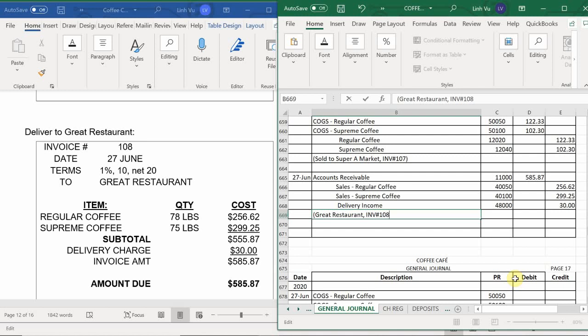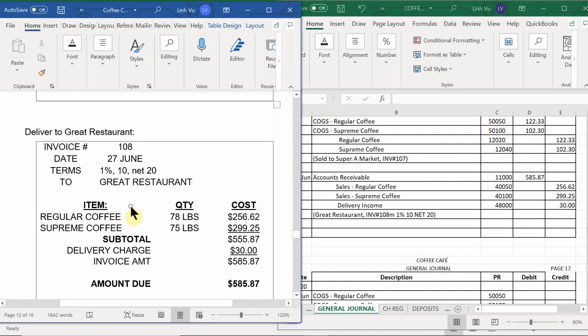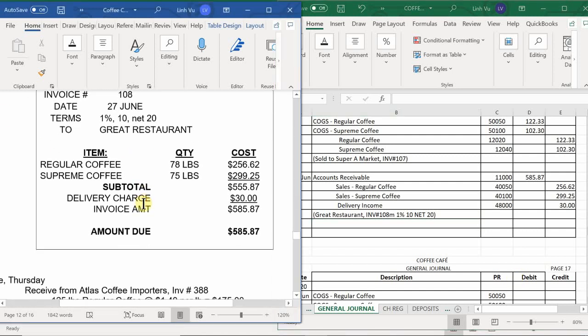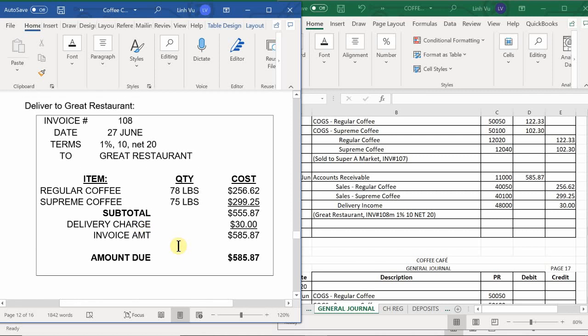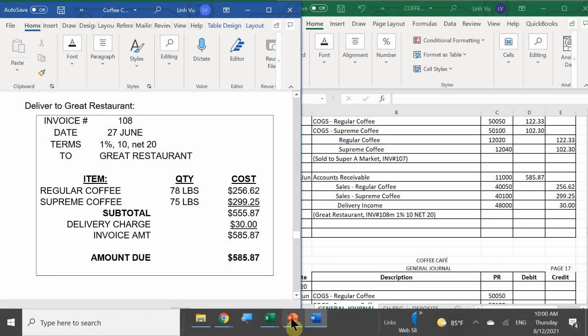And this person's terms are the same thing, 1%, 10, net 20. And that's my journal to complete my sales. So we have a little more money that we're being owed here.